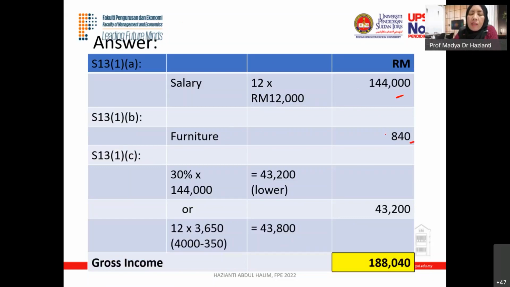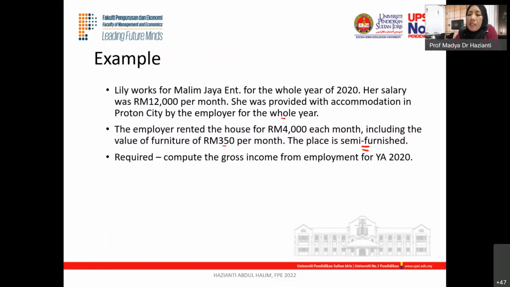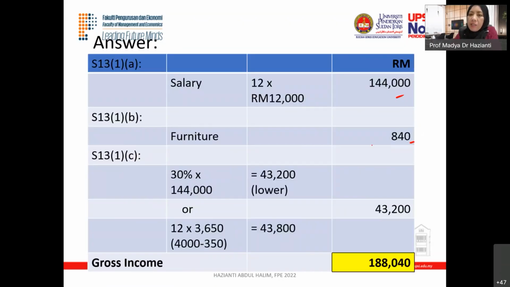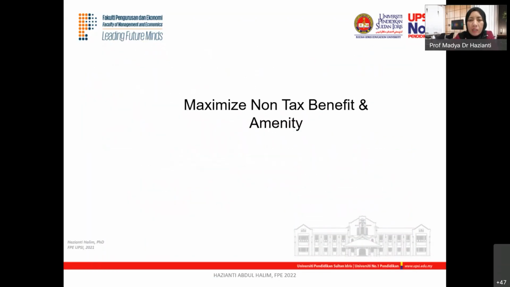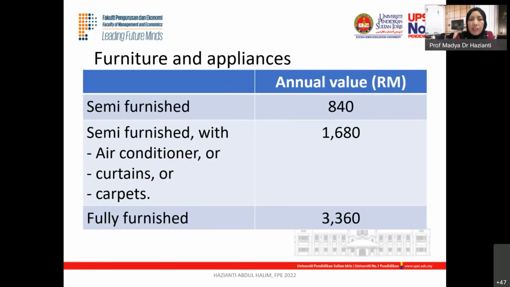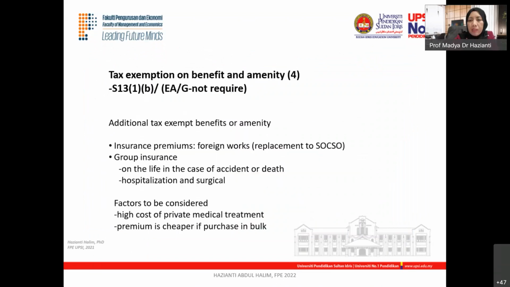Kita tengok table tu. And this is the keyword. Kalau dia kata fully furnished, dia letak 3,360. Sekarang semi-furnished. Dia tak ada mention apa-apa, so semi-furnished kita ambil. Tak ada ayat tambahan ada aircon whatever ni, dia kata semi-furnished je, so we take RM840 from the public buildings tadi.